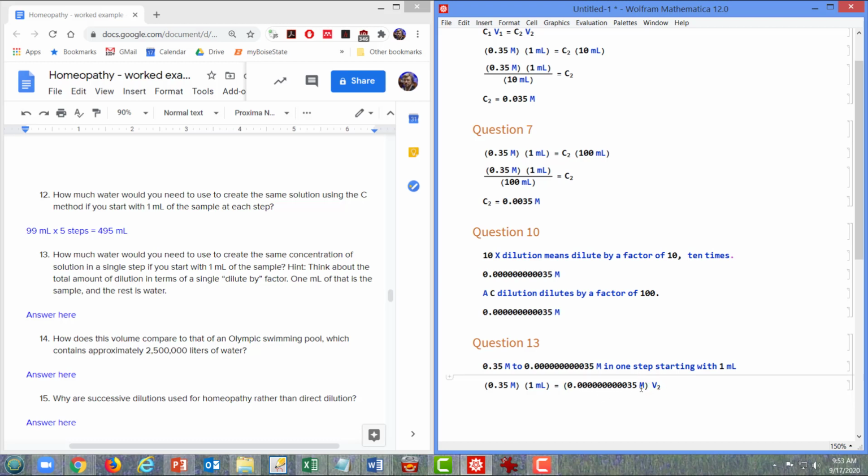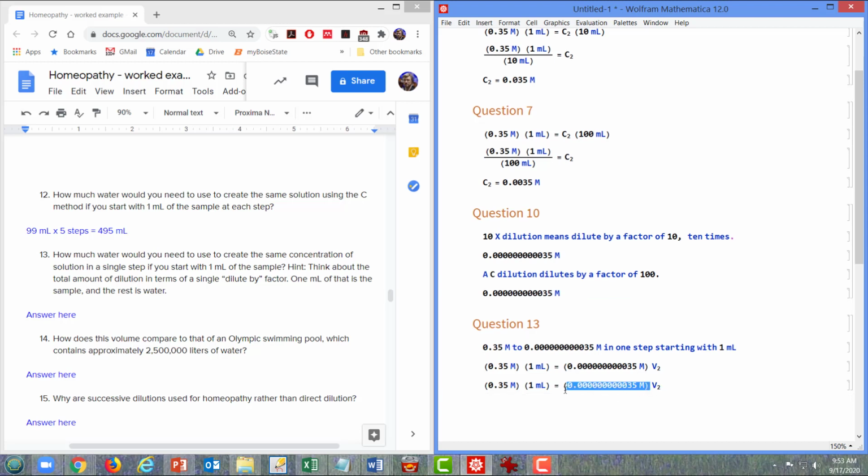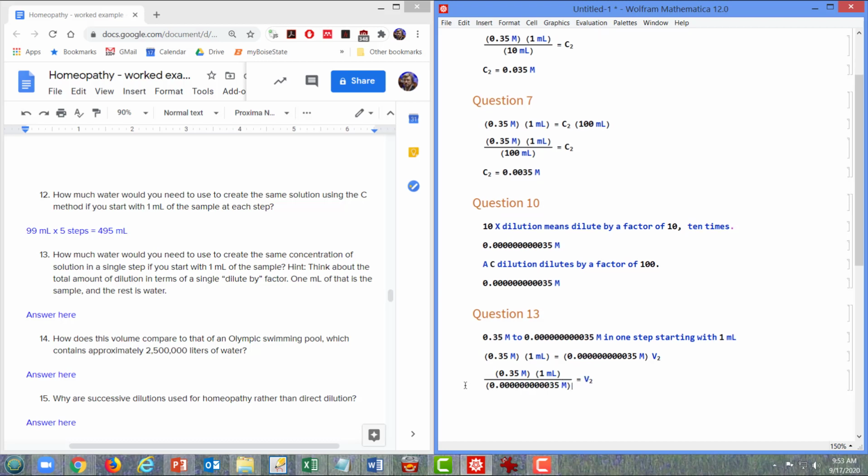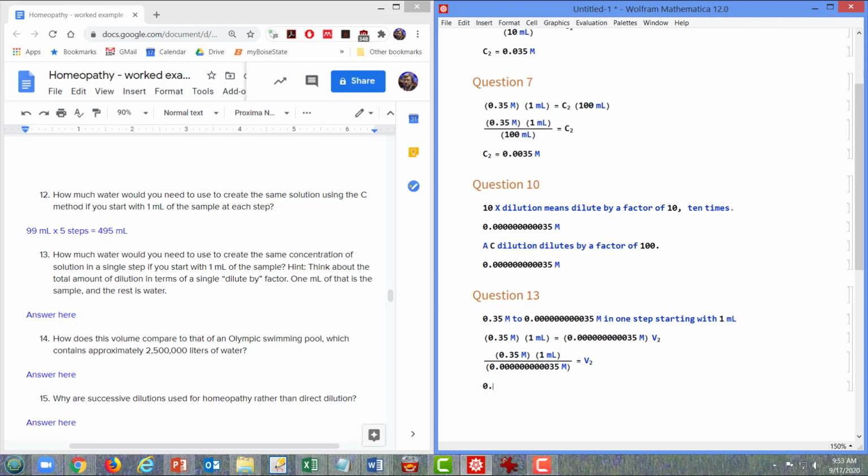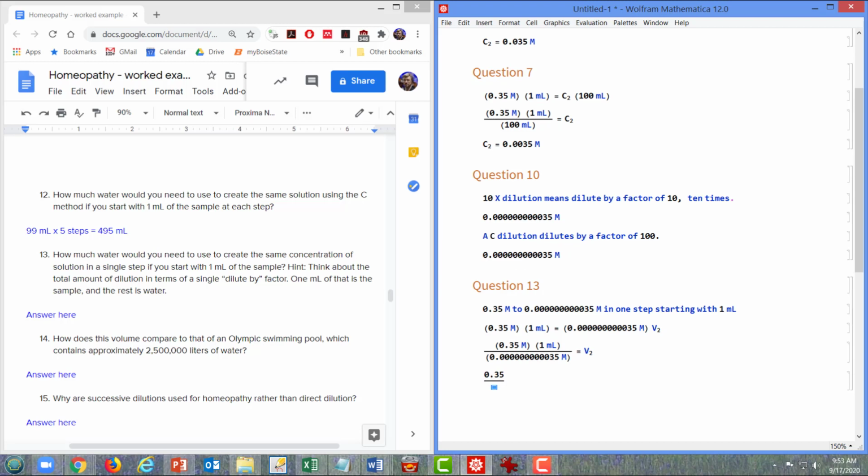So, we are going to take this and divide both sides by this quantity so that we solve for V2. And you plug that into the calculator. So this program that I have on the right acts like a calculator, but you can do this just in your normal calculator. So I'm going to take 0.35 divided by this number here, if I can select it correctly.